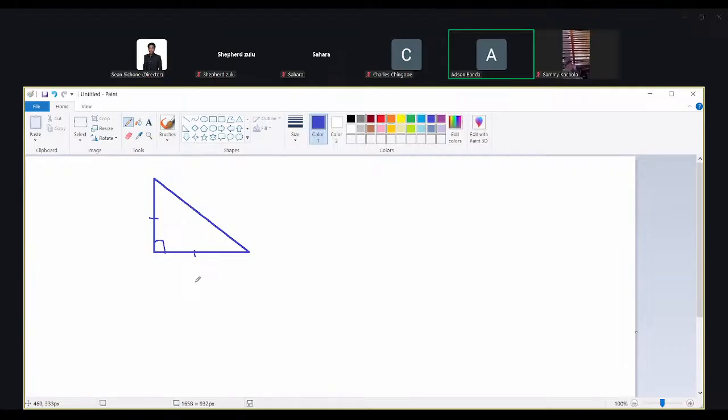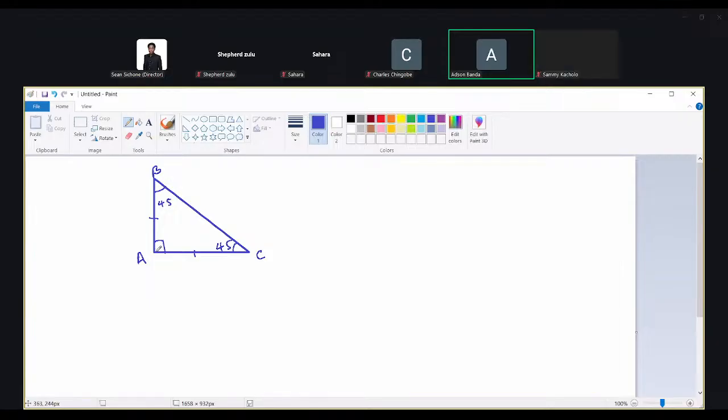Let's label this triangle with the following letters. Here we have A, there we have B, and here we have C. So we have 45 degrees, and that one is also 45 degrees.